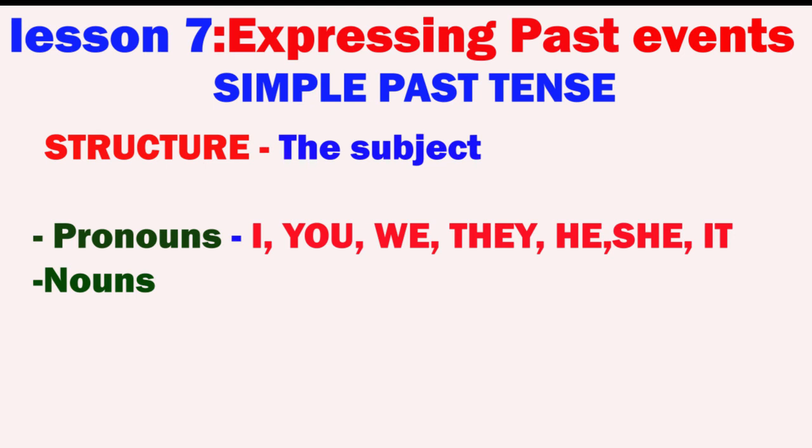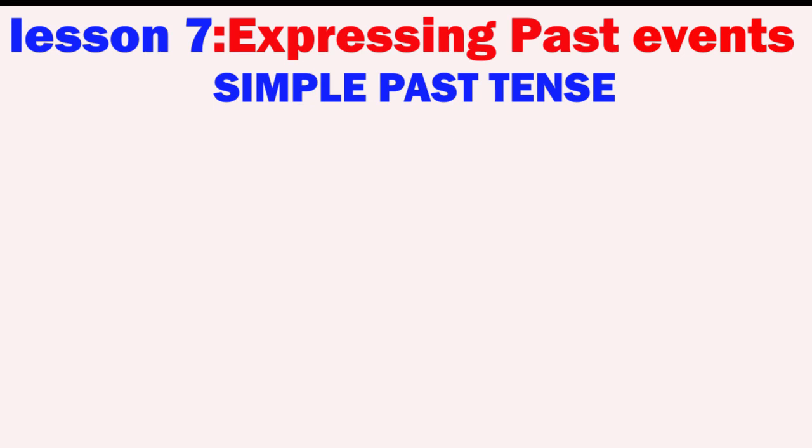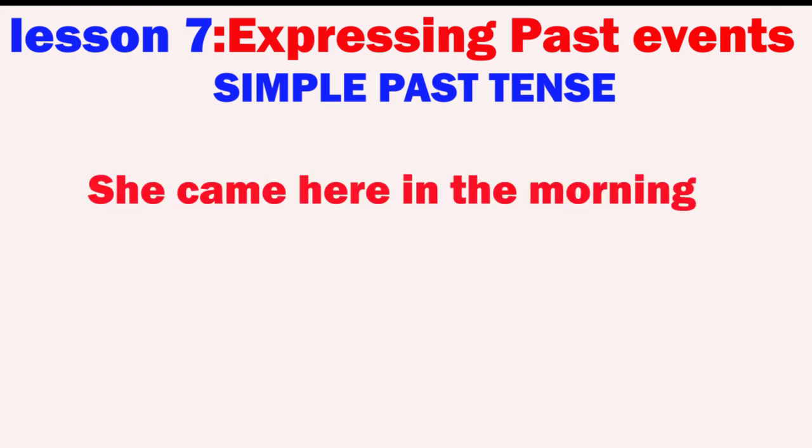So these are examples of sentences that are expressing past events in consideration of the structure of the various elements that I gave you, so that you can construct past event sentences or past action sentences. For example, she came here in the morning.